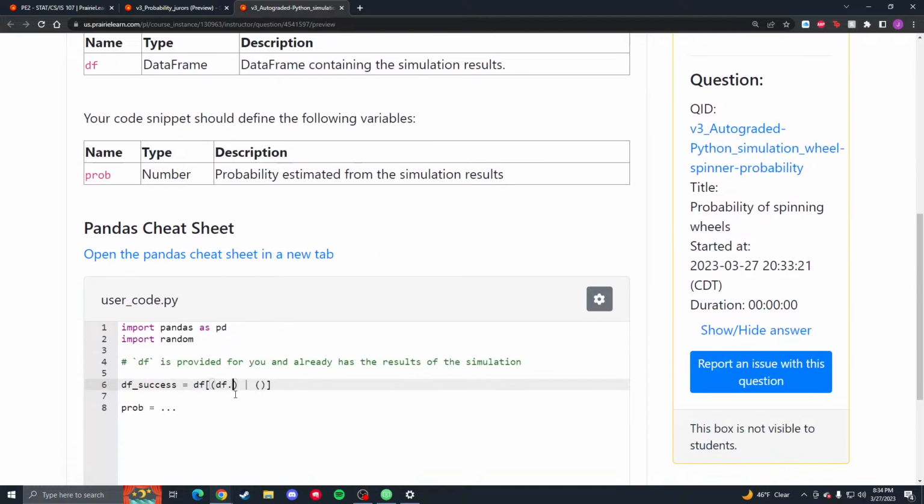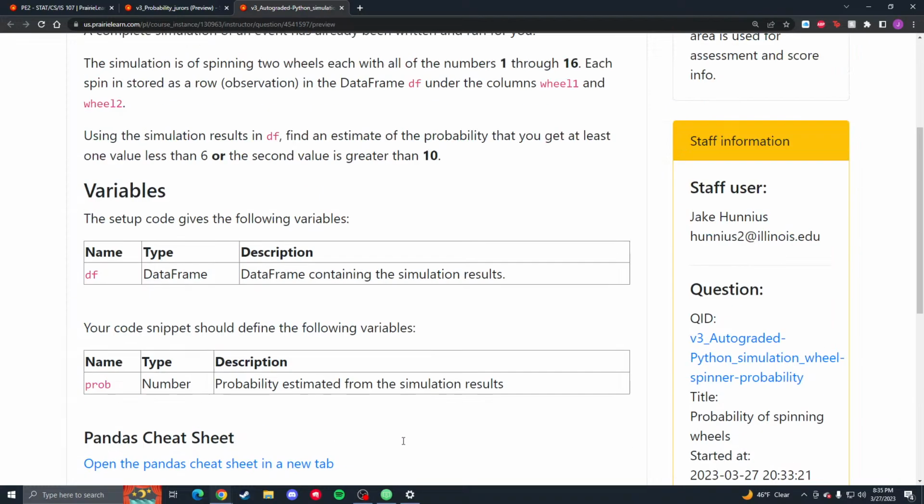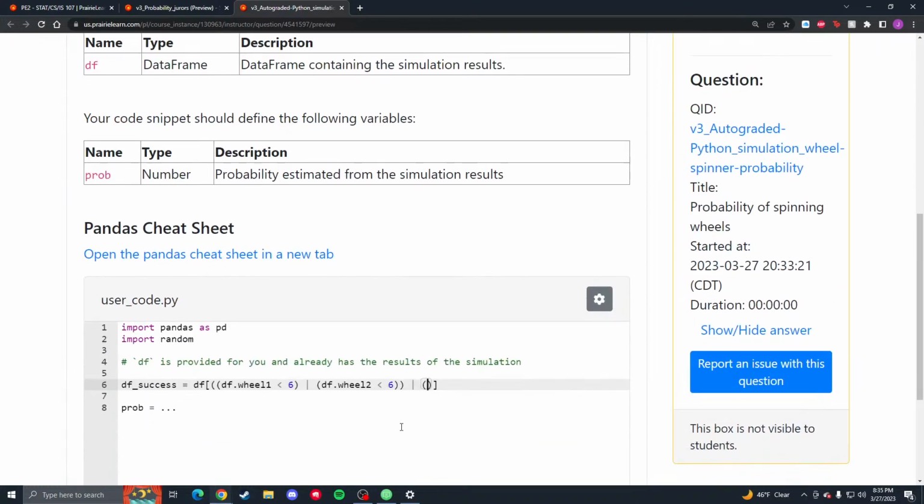So DF out, we get DF out wheel 1 is less than 6, or our DF out wheel 2 is less than 6. So there's our X condition. That'll give us either X or Y. And then for our second condition, it's going to be or the same value is greater than 10.